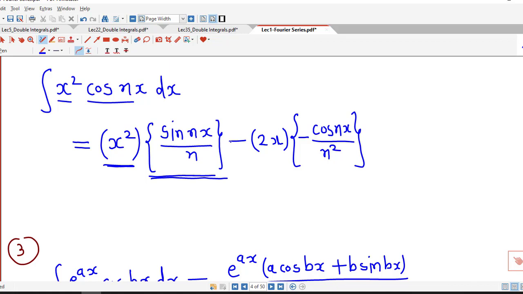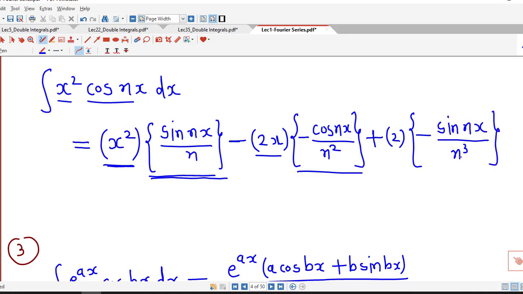Now here we have taken negative sign, so now we consider positive sign. Again we do the same procedure, derivative of first bracket, integral of second bracket. So derivative of 2x is 2, integral of this second bracket, integral of cos nx, is sin nx by n, and we have already n square, so here we write n cube.